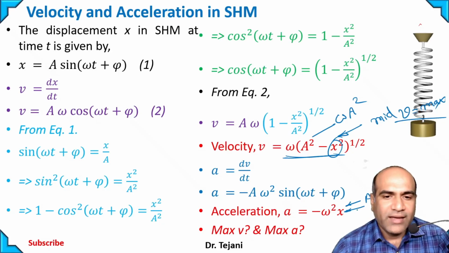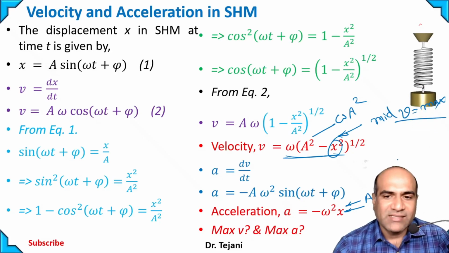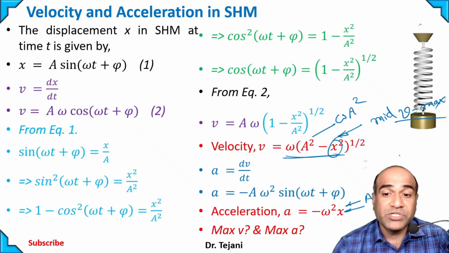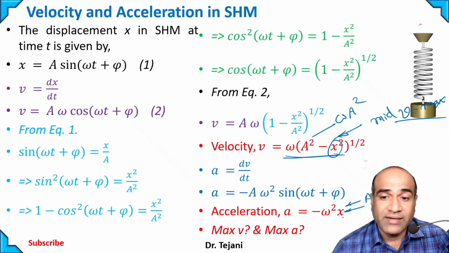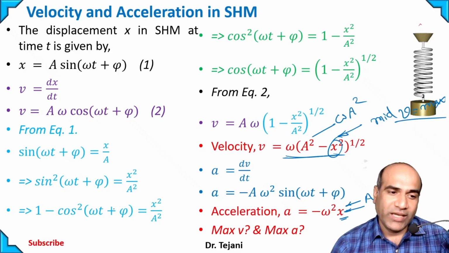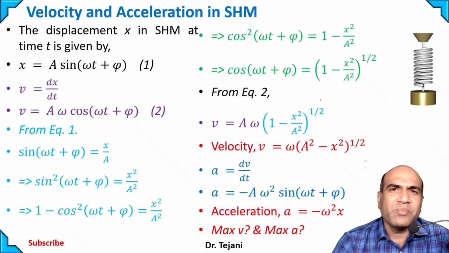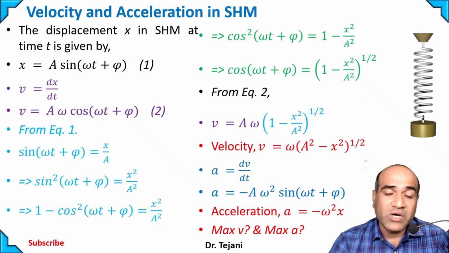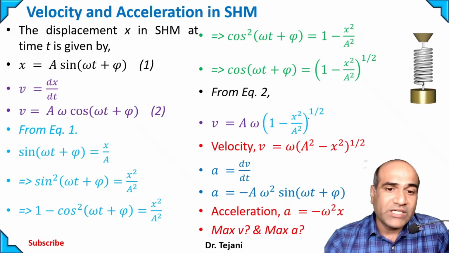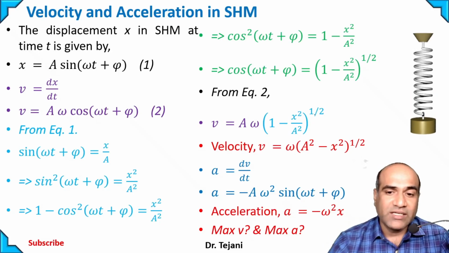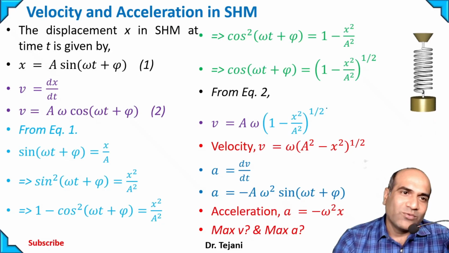Right? So maximum acceleration, tell me about the position of maximum acceleration: at x equal to a. X is equal to a, is the end position. End position, maybe upper end, lower end. Acceleration will be negative, positive is a secondary matter, but it is there. Fine.